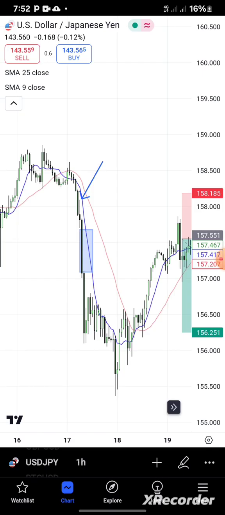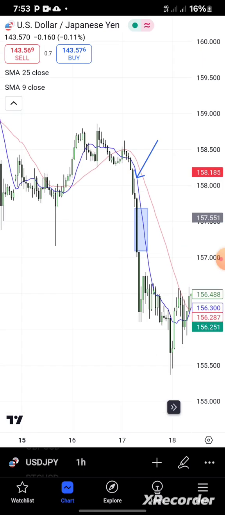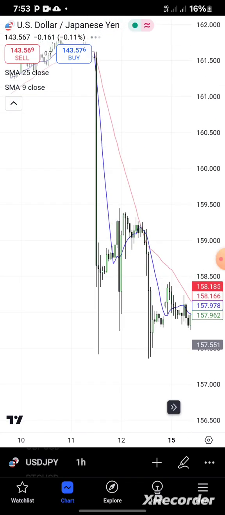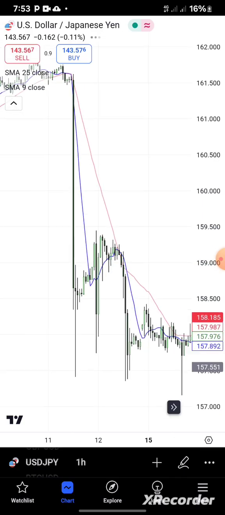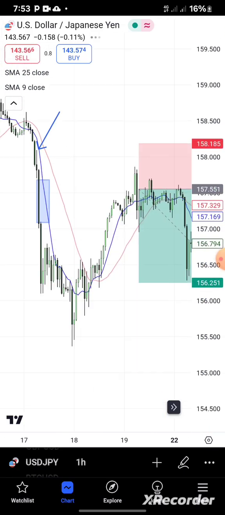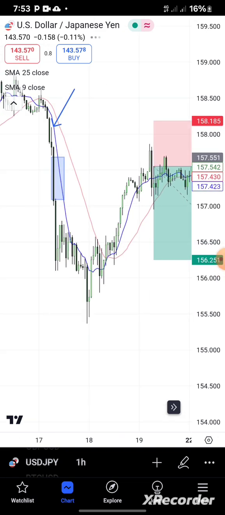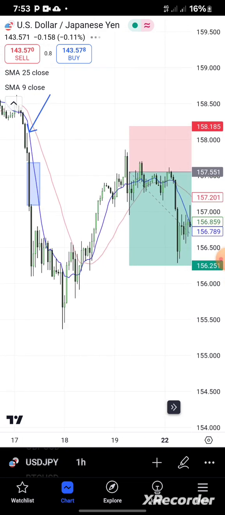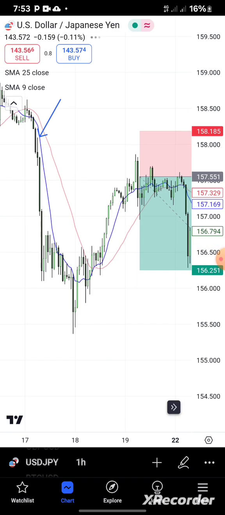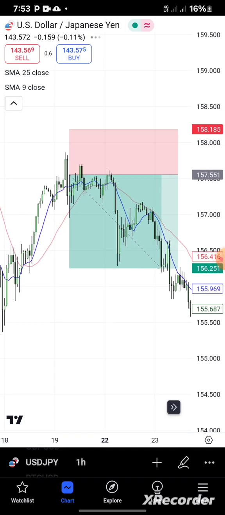That comes when the market is shifting from being bullish to being bearish. The market is changing trend. The market is in a downtrend, and here it is continuing the downtrend. That one becomes our supply zone. That is how you identify supply zones.